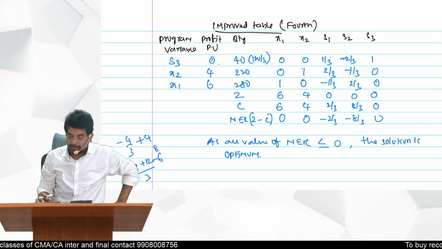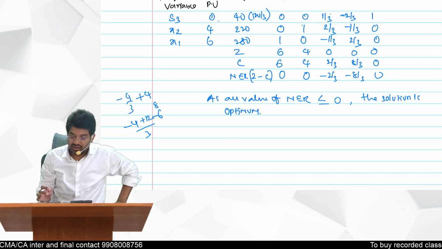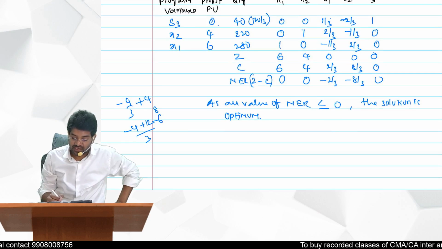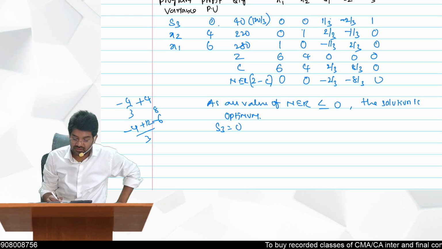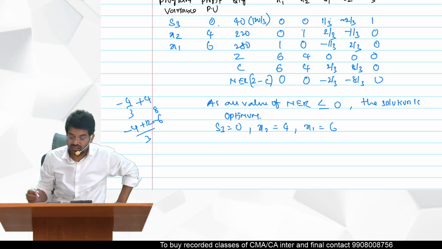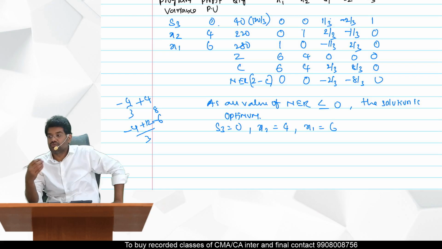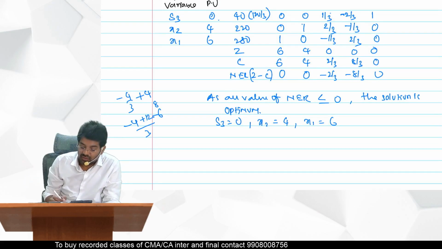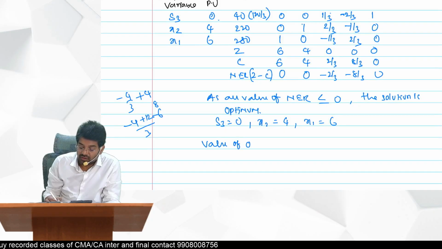Now, what are the units you should produce? How many units? S3 is 0. Okay, x2 4 units, x1 6 units you should produce. Now if you substitute in the objective function, what is the value of the objective function?